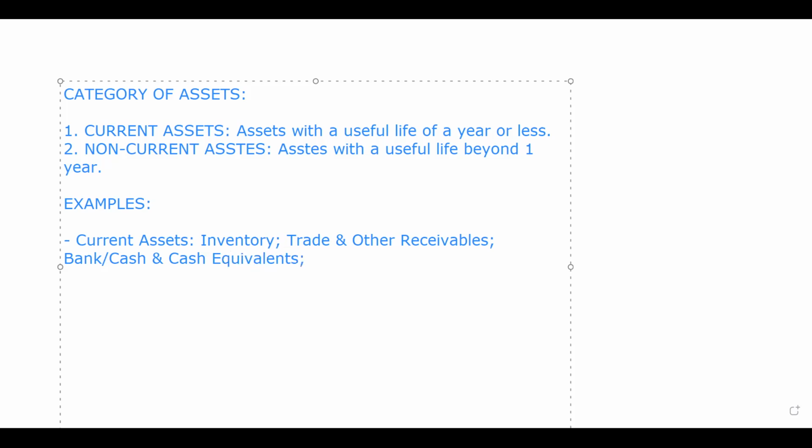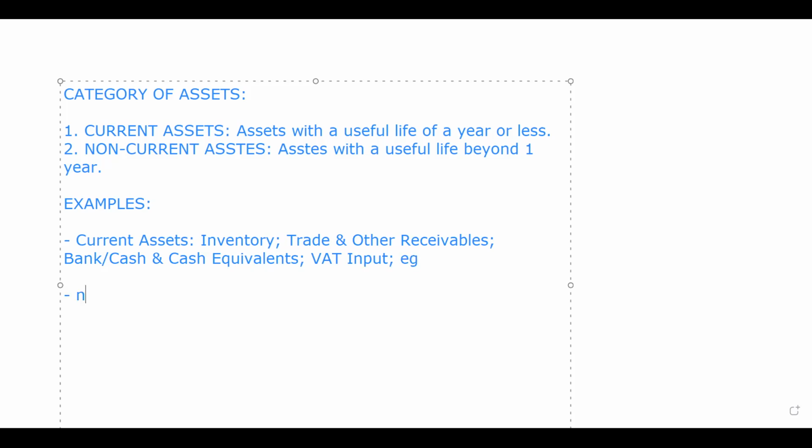Still under the category of current assets, you would also have VAT input. It's an example of a current asset, okay? So the list goes on and on. I'm just trying to give you typical examples.